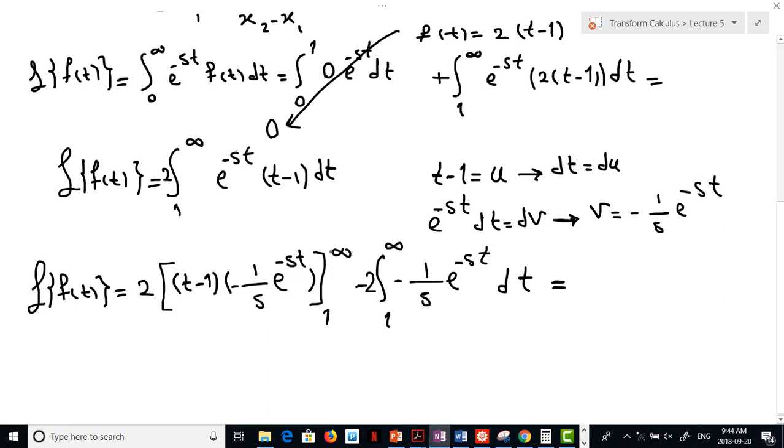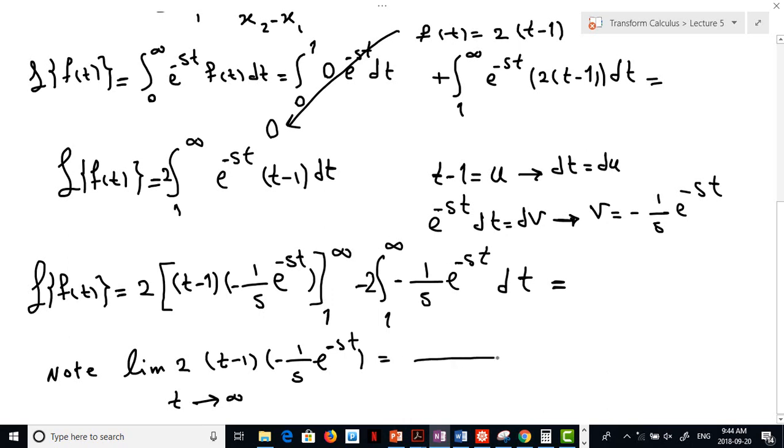When t approaches infinity, so we have t minus 1, so it's infinity, e to the power of minus infinity. So we have to find this term. So let's say we note the limit of 2(t minus 1) times minus 1 over s e to the power of minus st when t approaches infinity. So I can just simplify it.